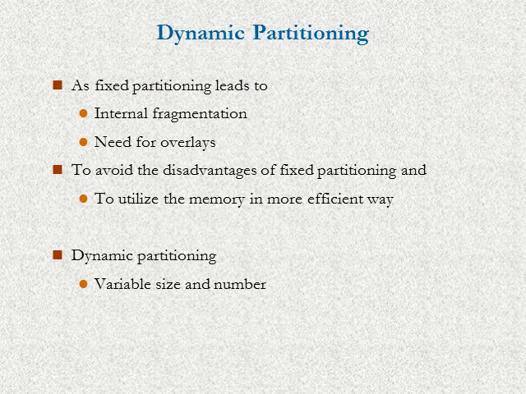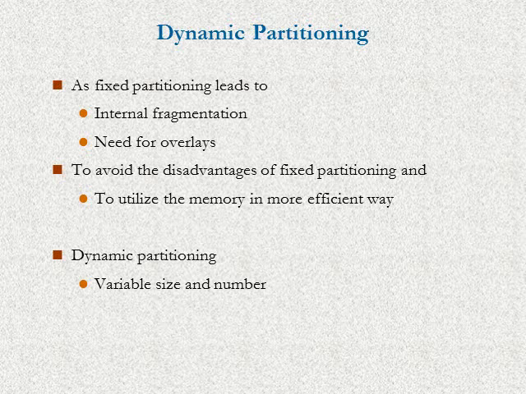In this partitioning, we have variable size of the partitions, as well as the number of partitions can be different, and they are dependent on the incoming process. So if the incoming process is larger in size, for example, it is 10 MB, we can allocate a partition of 10 MB to this particular process.